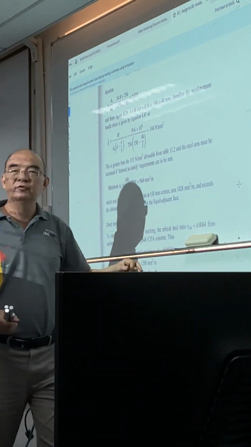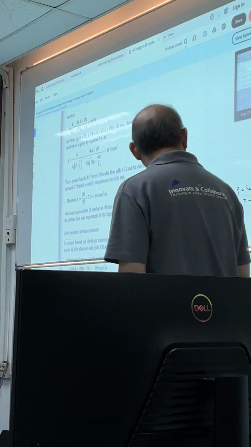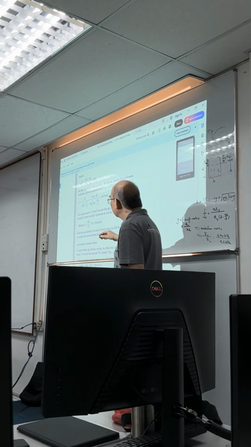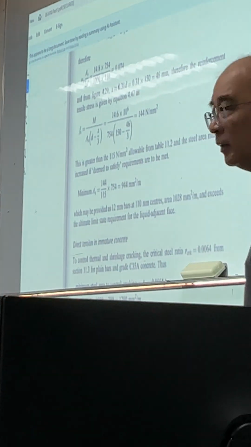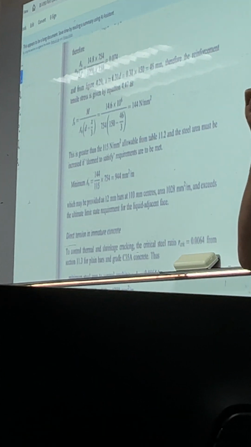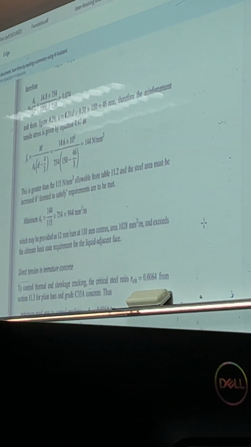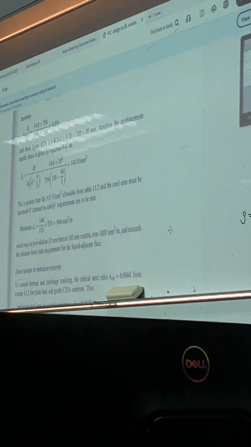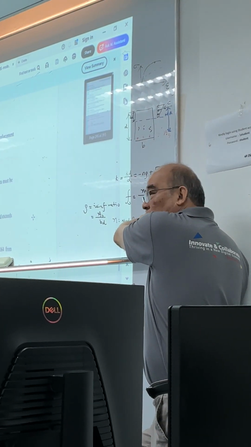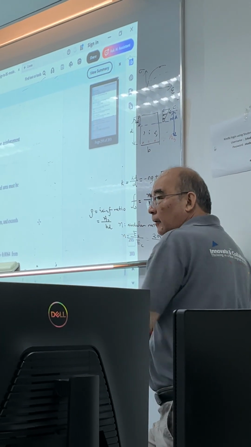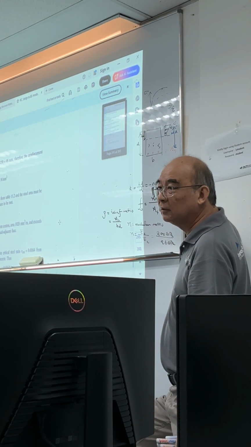Now why does he further increase it? Because this is actually an approximation, in the sense that it is underestimated. Why underestimated? Because Fs is inversely proportional to As, provided that the lever arm doesn't change, then you can do that.